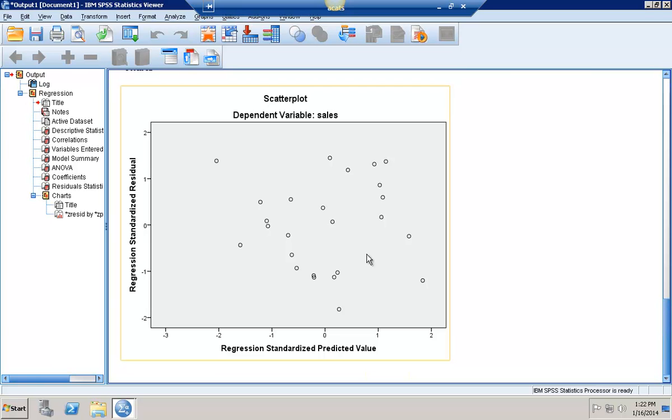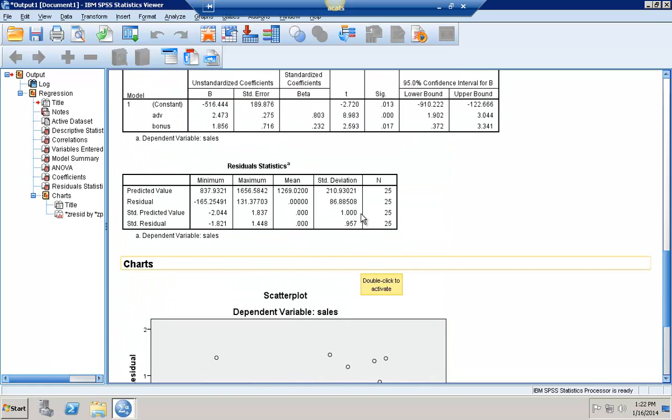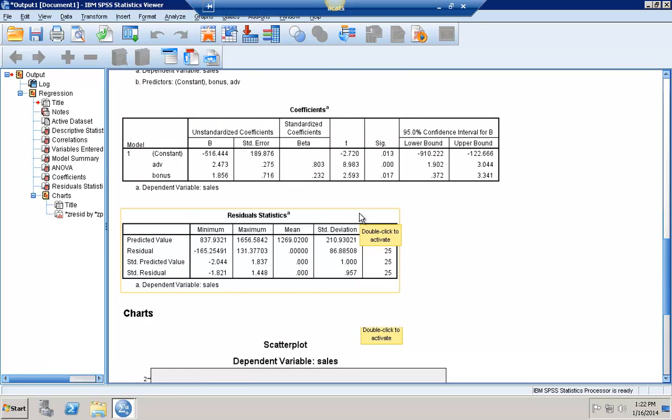Okay, so additional hypotheses that can be conducted. Let's say I wanted to know, does bonus have a positive impact on sales?